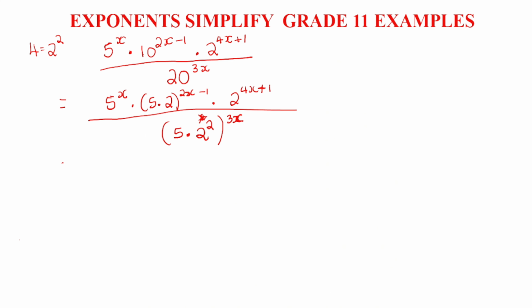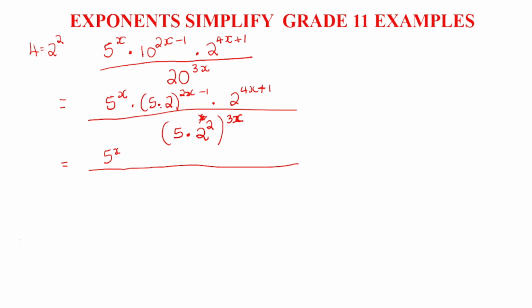Here we go. Now, based on the rules of the exponent, if you have not watched a video on the rules of exponents, I suggest that you go and watch that video first so that you don't get lost on what we're doing here. We've got 5 to the power of x.